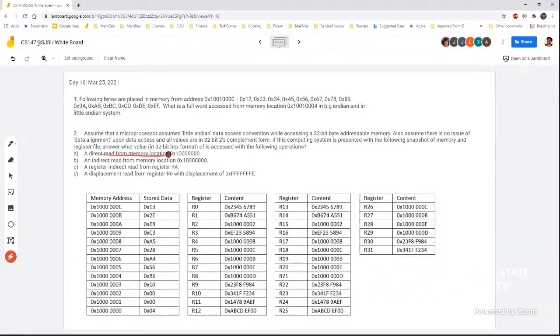A direct read from this memory location, and always assume this is 4 bytes. Then an indirect read from this memory location, what would be that result? A register indirect read from register 4, and a displacement read from register 6 with a displacement of this amount.